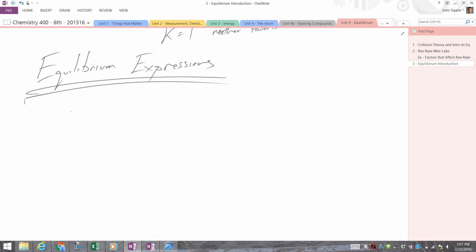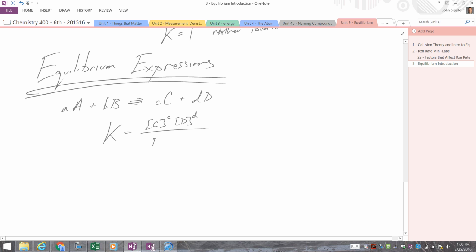The general formula is this right here. If we have some reaction A plus B going to C plus D, when we set up our equilibrium expression, we get products over reactants. Concentration of A, and concentration of B.